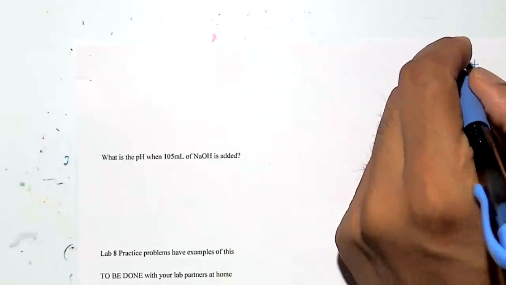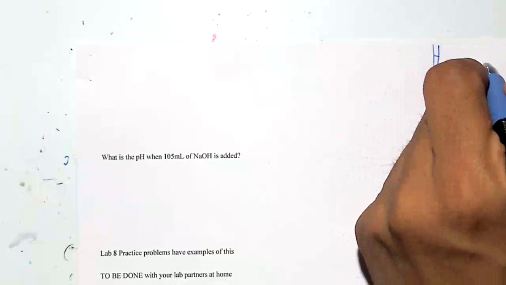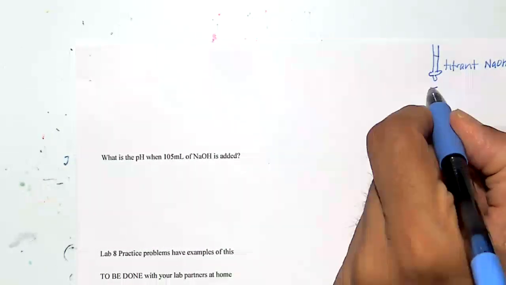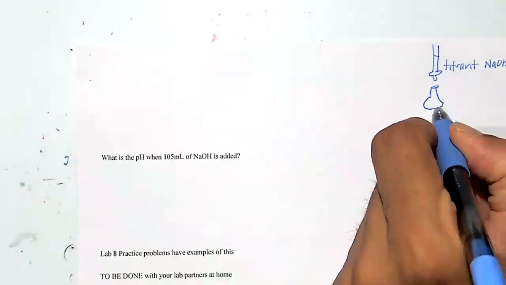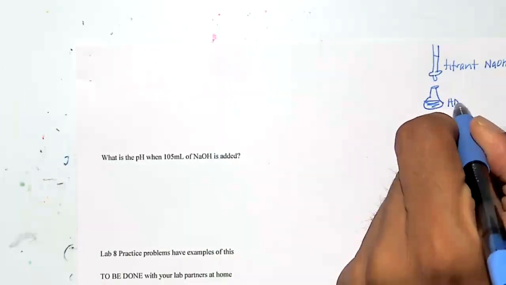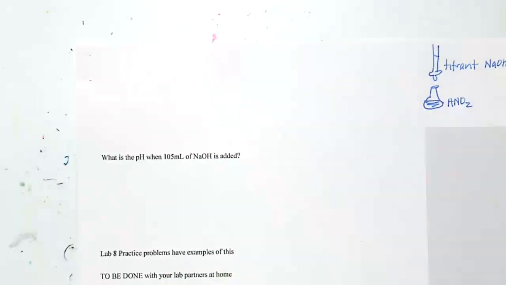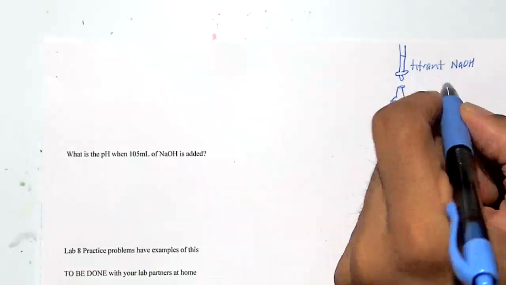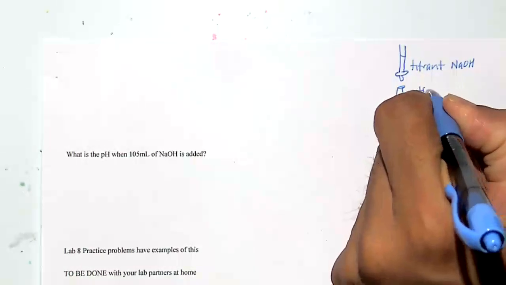This is a continuation of our problem from Monday, and our titrant, if you remember, was NaOH. And then in the flask, we had HNO2, and HNO2 is what we're going to call the titrand.